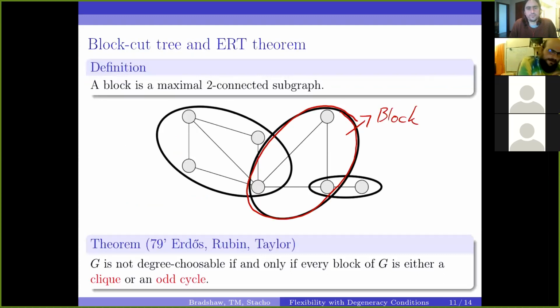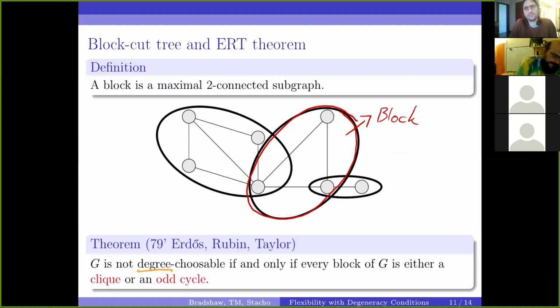So before I dive into the proof, let me recall a known structure, the block-cut tree, and the Erdős-Rubin-Taylor theorem about degree-choosable graphs. Degree-choosable means that now the list sizes are not just the same, but are exactly, or at least, the degree of the vertex.